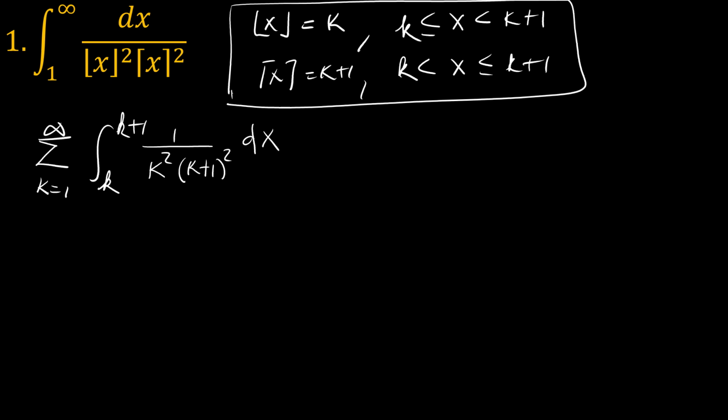So these are constants. We can pull these out. So we have 1 over k squared, k plus 1 squared.